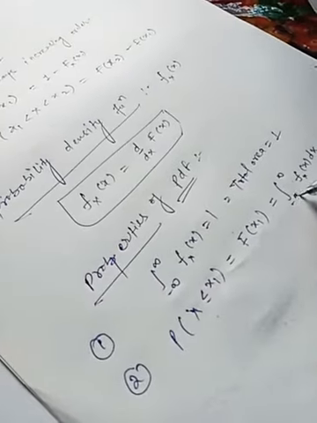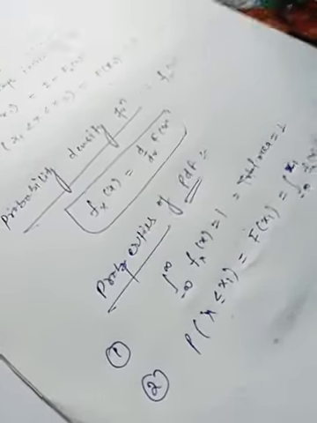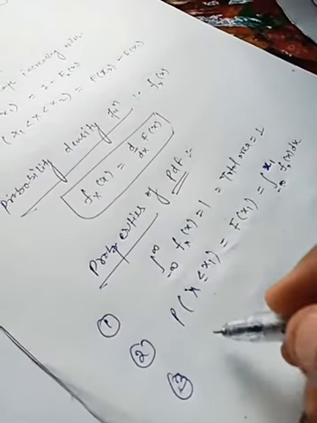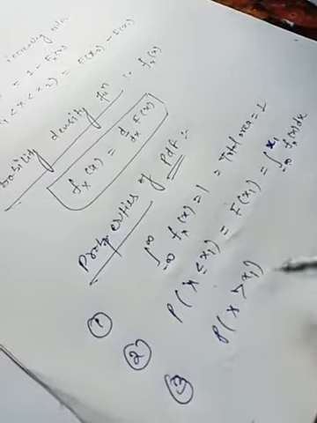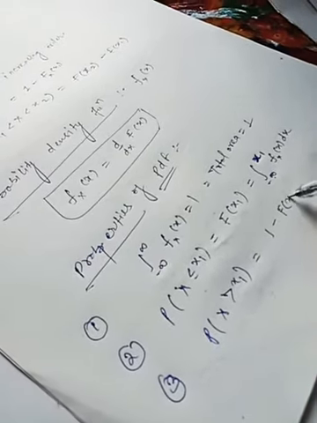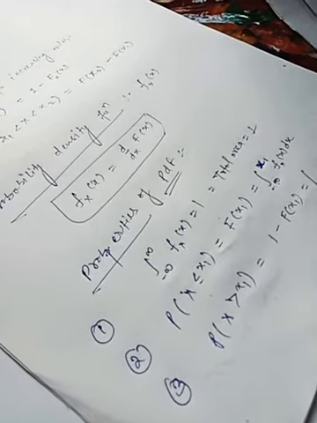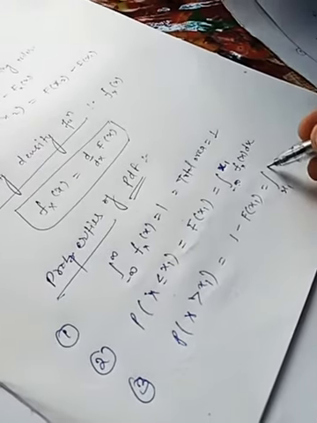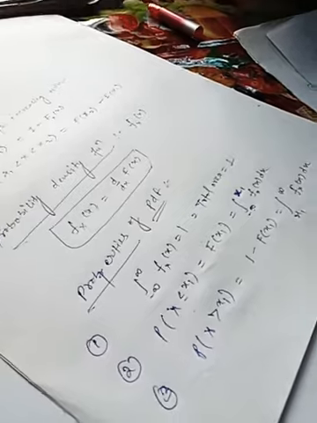Third, probability of x greater than x1 is 1 minus F of x1, or the integral from x1 to infinity of f of x dx.